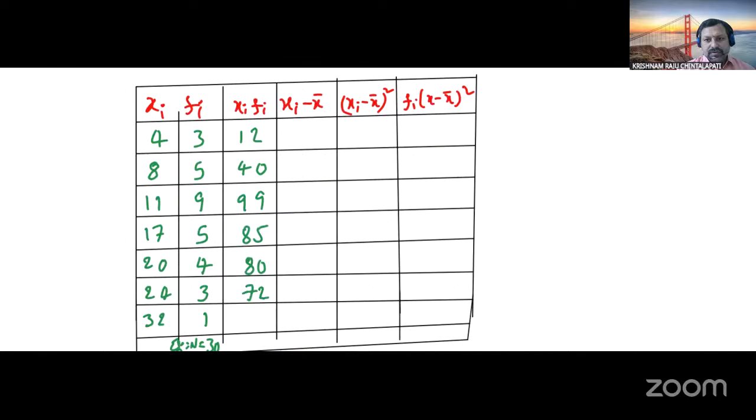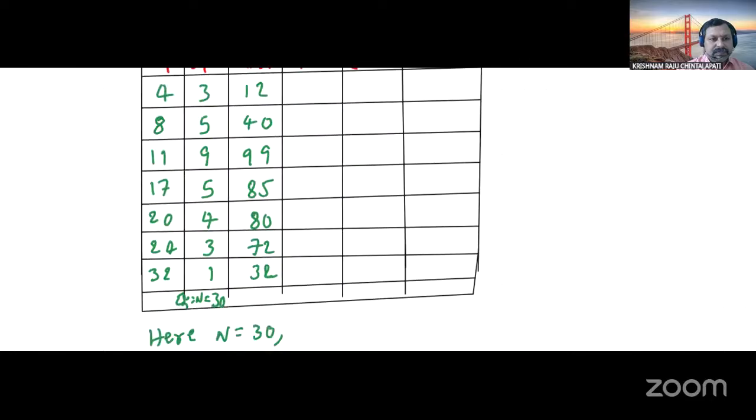Now you should add this summation. So summation Fi xi.